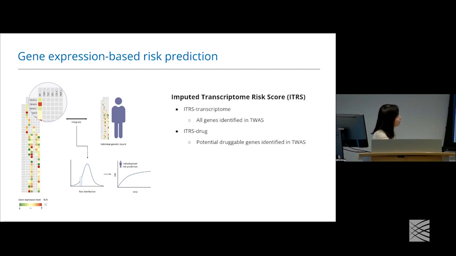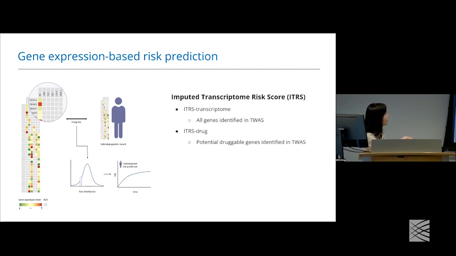The first score consists of all genes identified in the TWAS, and the second score consists of potential druggable genes identified in the TWAS. So the predictors in the second score are a subset of the predictors in the first score. It's just that the second score only contains potential druggable genes.